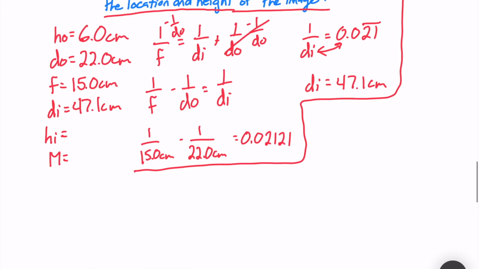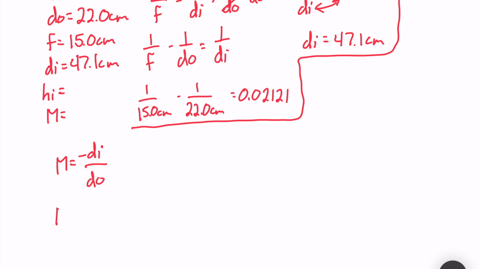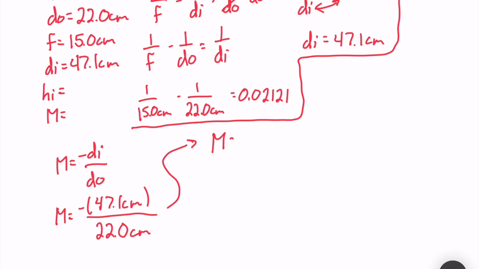So m equals negative 47.1 centimeters over our do, which is 22.0 centimeters. Type that into your calculator. Based on our negative di over do formula, we should get a negative magnification here. Let's just make sure that we do.